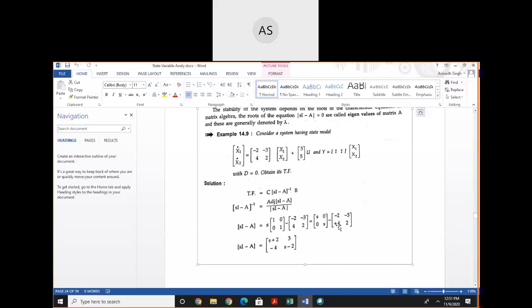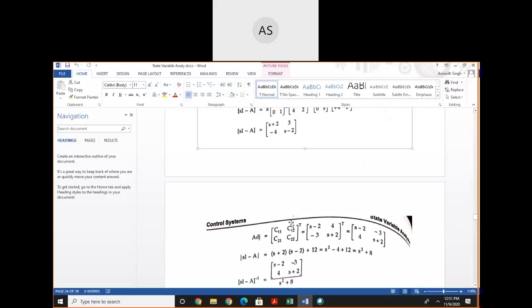So this is sI minus A. This can be written as s plus 2, 3, then minus 4, and s minus 2.